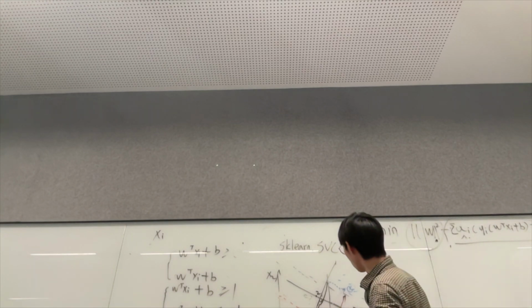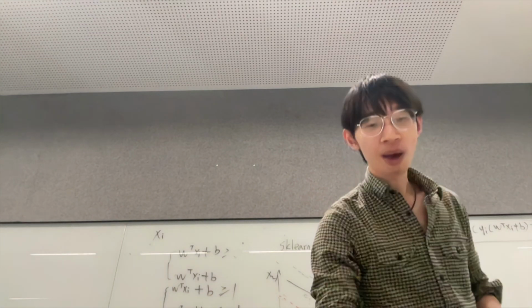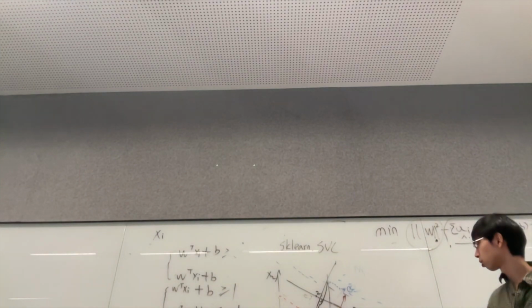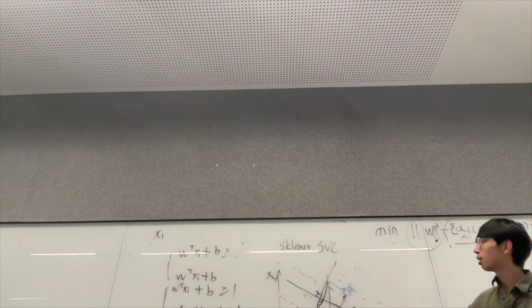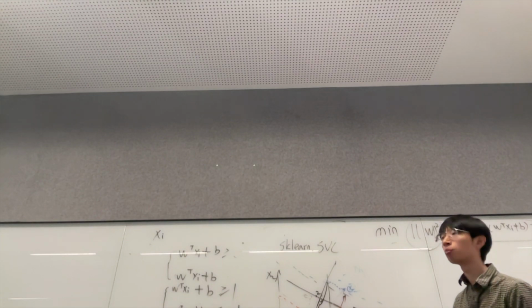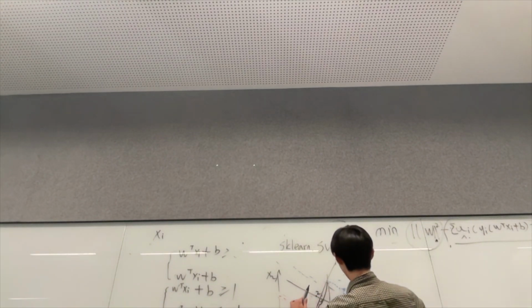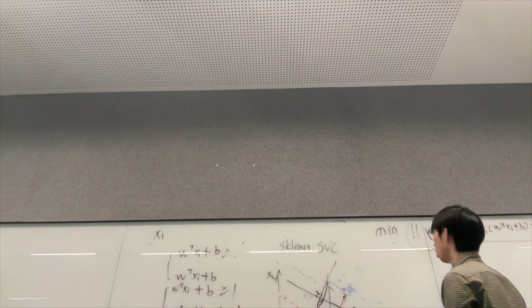Let's think about one case. If we have an outlier, like we put a positive sample here, this line will be totally changed because of this, right? It may be changed to something like this.